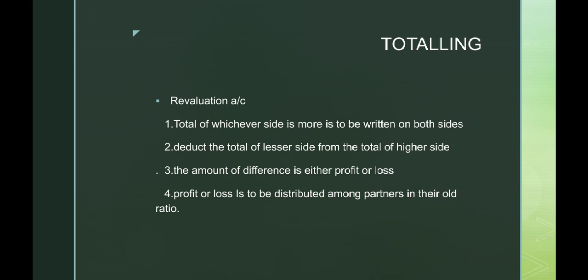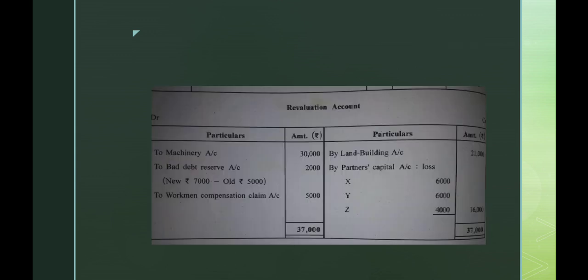We have a loss in this sum. I repeat, we have a loss in the ongoing sum and it is to be distributed among partners in their old ratio. Apply this point here. On the credit side you can see by partners' capital account, loss: 6,000, 6,000 and 4,000. Alright, so this completes our revaluation account.